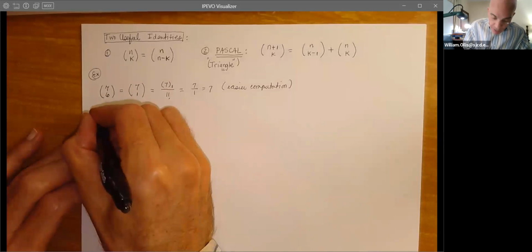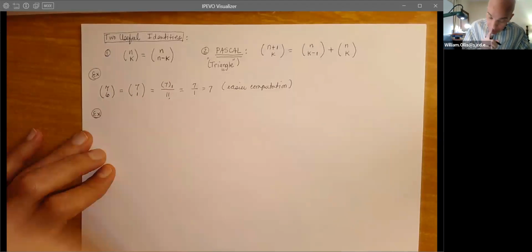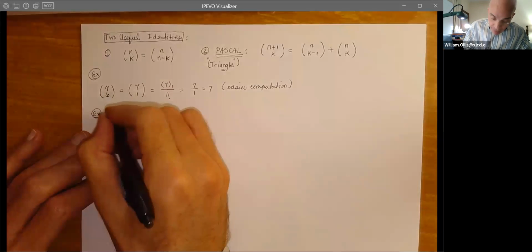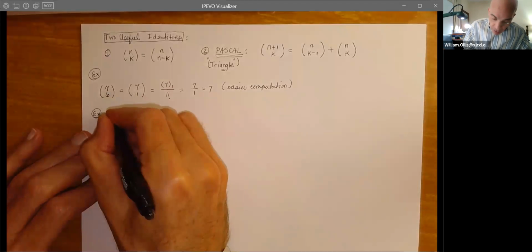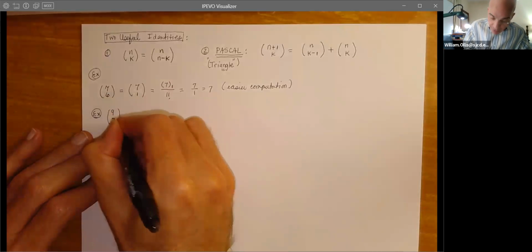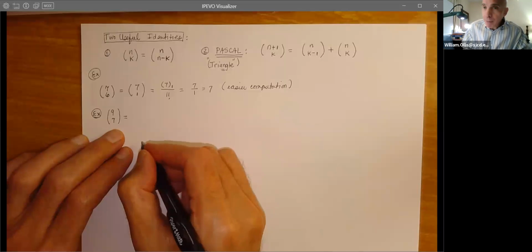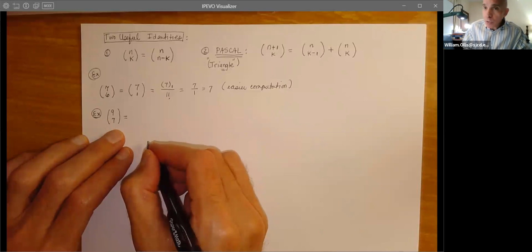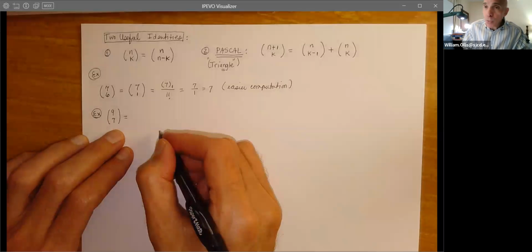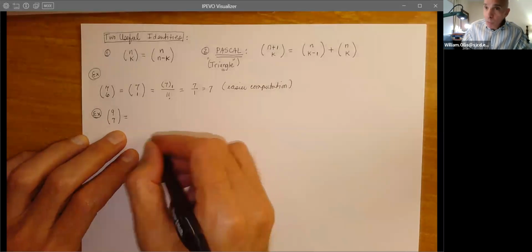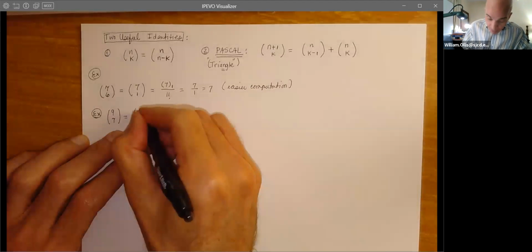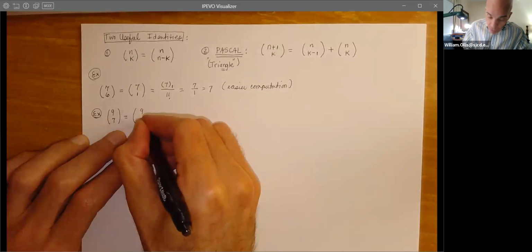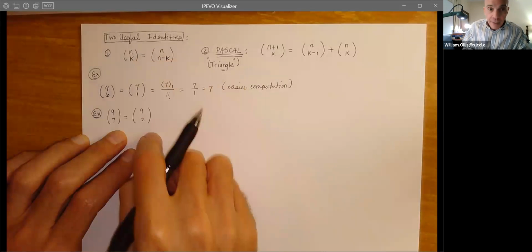Let's try one more example similar to this. Say we have something like, let's look at this, 9 choose 7, something like that. So we'd have a 9 perm 7 divided by 7 factorial. Well, we didn't even write down 7 factorial. That's 5,040. So I don't want to do that. So I'm going to say, okay, I'm going to use 9 choose 9 minus 7, which is 2, using this identity.